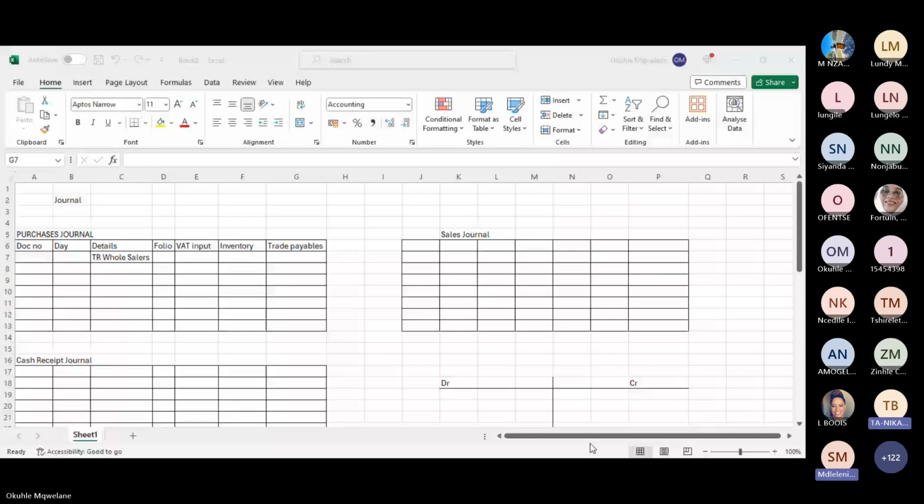Inventory and merchandise is the same thing, isn't it? So it doesn't matter if inventory is there. You just know it is merchandise.